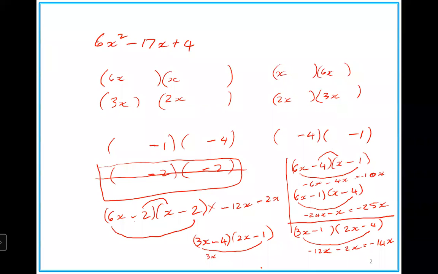And 4 times 2 is 8. Sorry, let's cross that out. All right, so 3 times x, that's -3x. And then -4 2's, that's 8x. So we're getting 11.